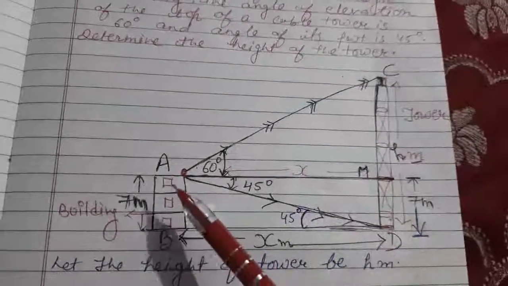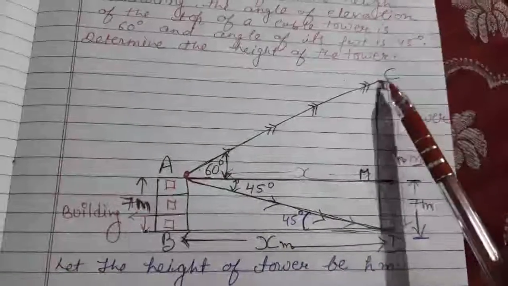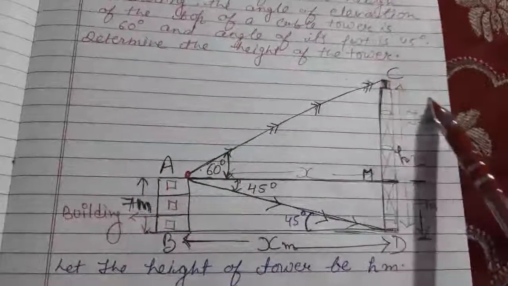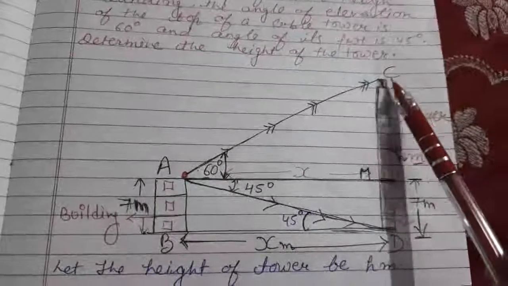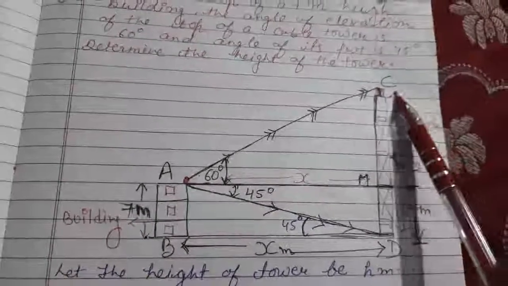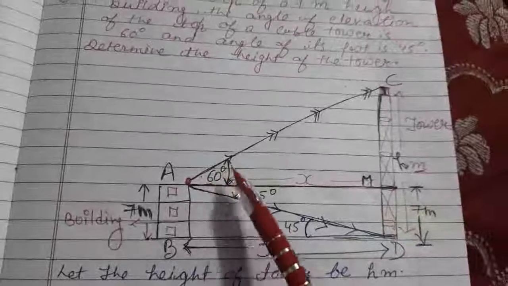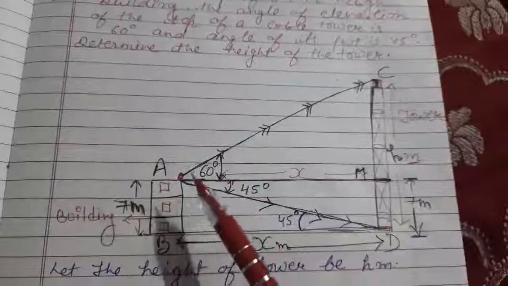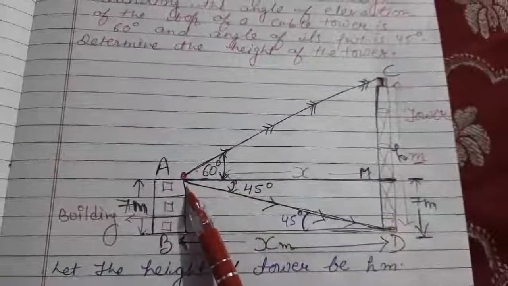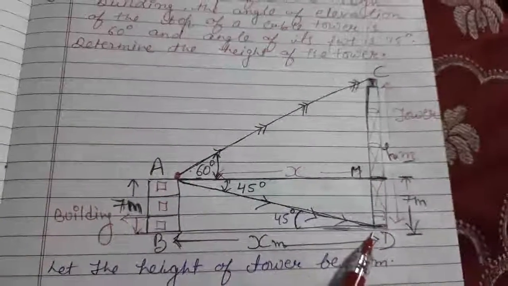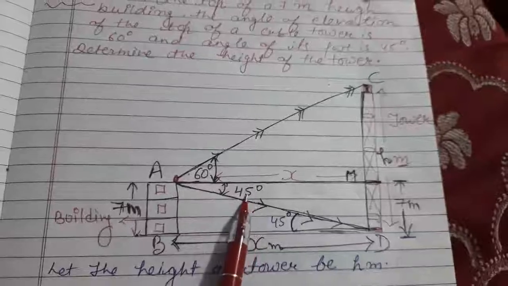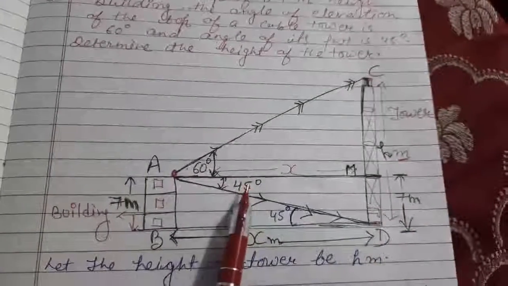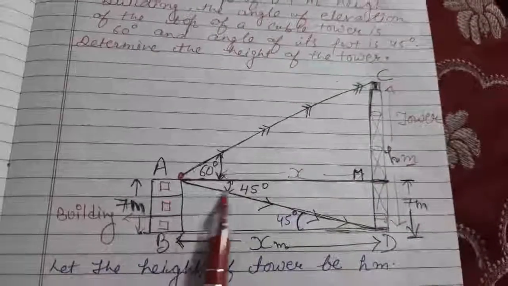Now a person is looking at the top of the transmission tower or cable tower, and I am considering it as point C. So the angle of elevation is 60 degree. From the same point, when he is watching the foot of the tower, the angle of depression, which he is not saying, will be formed, and the angle of depression is always formed between the horizontal level and the line of sight.